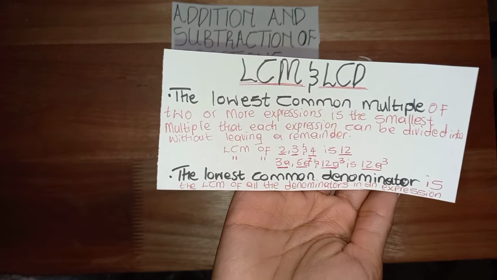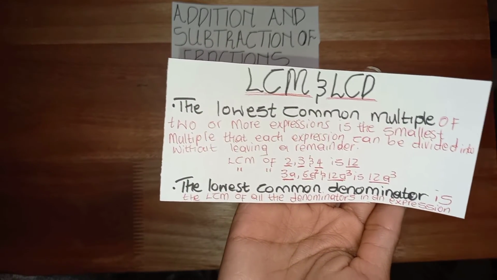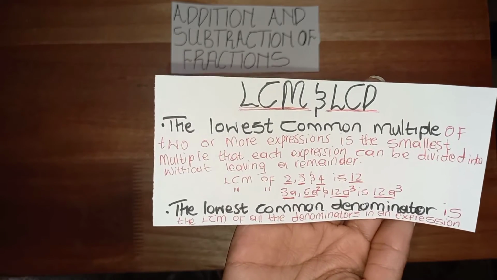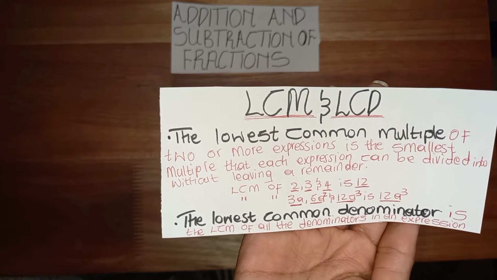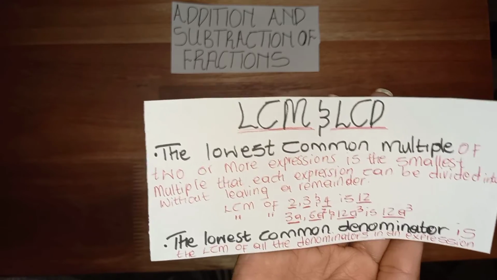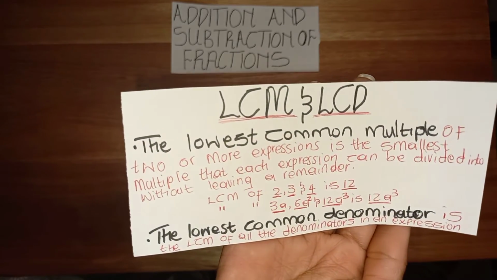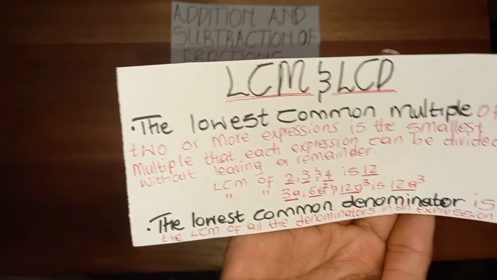The lowest common multiple of two or more expressions is the smallest multiple that each expression can be divided into without leaving a remainder. So if you are looking for the LCM of 2, 3, and 4, the LCM will be 12. Why? Because you start with the multiples of 2: 2, 4, 6, 8, 10, 12.